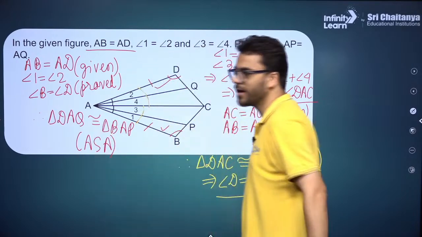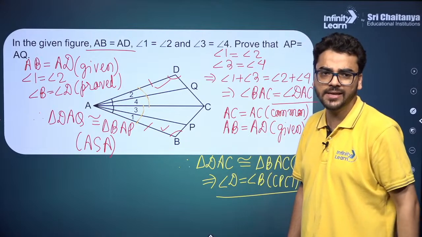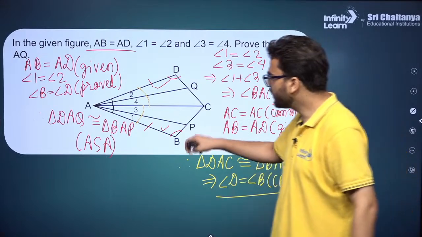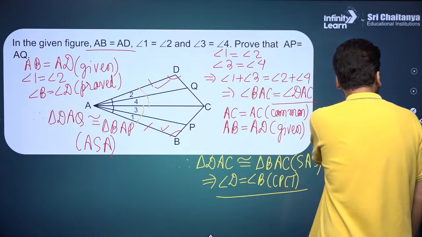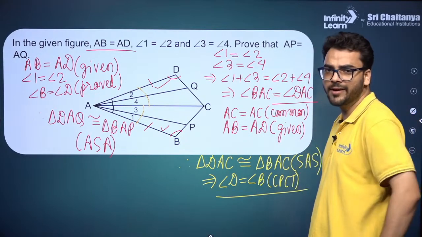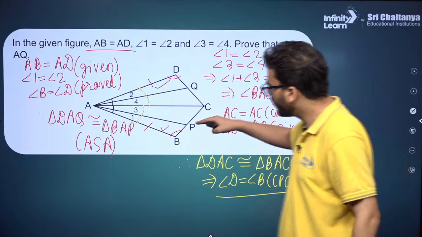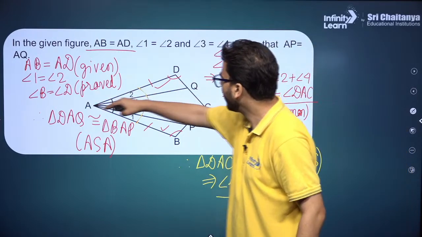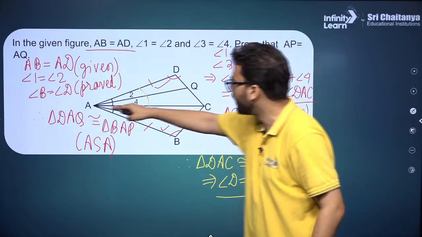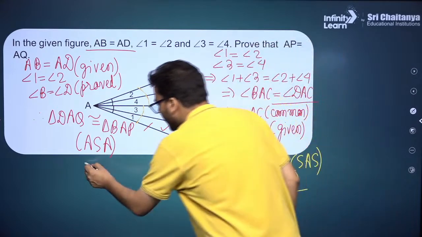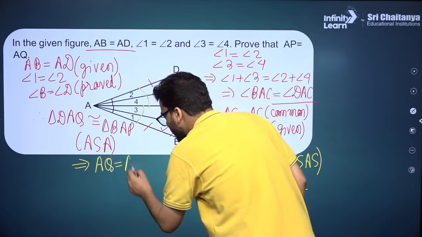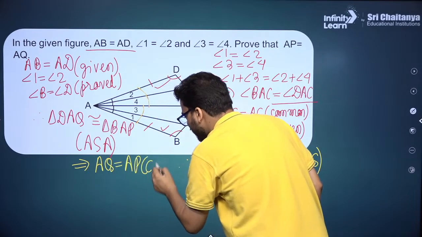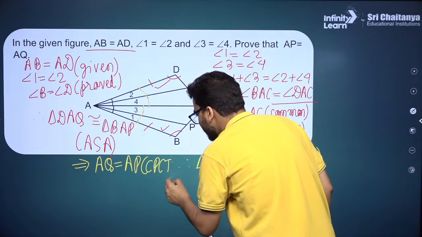If they are congruent by ASA, can't we say that corresponding parts of congruent triangles are equal? So we can say over here that AQ is equal to AP, because they are corresponding parts of congruent triangles. So have we proved this, guys?